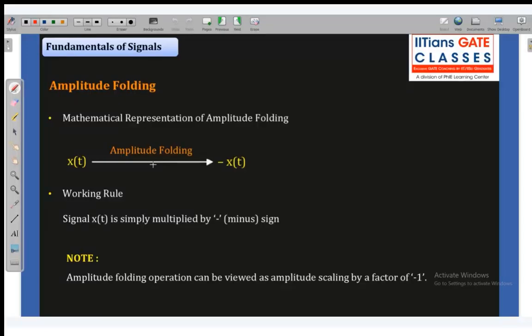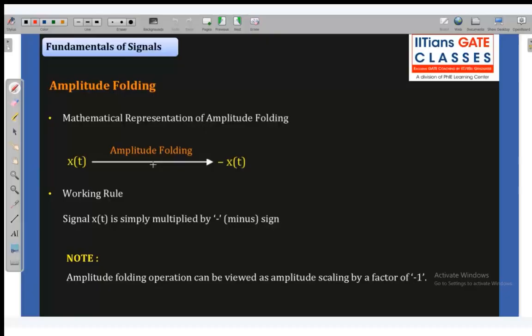When there is audio distortion, we can make it negative. Like when an audio signal exceeds some limit, then the peak of that gets folded back. That is how we can use it in the loudspeaker.